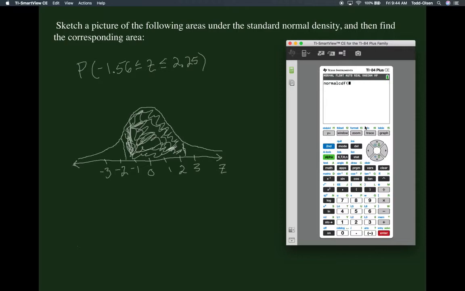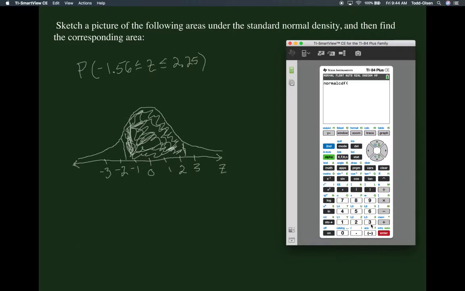Now, for any kind of technology, computer programming, calculators, the syntax is important. How you enter these numbers is important. For normal CDF, the syntax is to first enter the lower limit, or the lower boundary value for the area we're looking for, which in this case is negative 1.56.